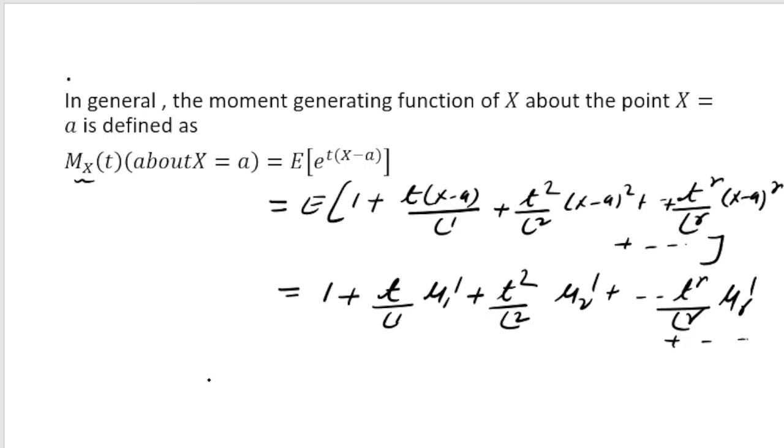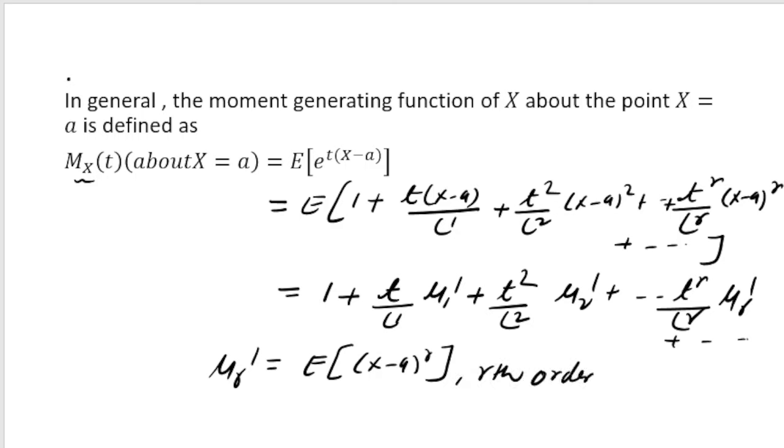Here mu r dash I am defining as the expectation of x minus a to the power r, that is the rth order moment about x is equal to a. This is just for the sake of completeness. I will be focused on the moment generating function about the origin.